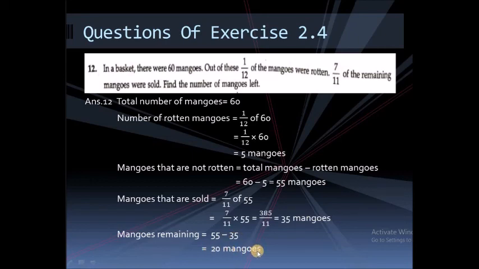That is my answer. Here I am dividing my number of mangoes firstly between rotten and not rotten. 5 mangoes are rotten out of 60 and 55 are good. And out of 55, 35 are sold and 20 are not sold.